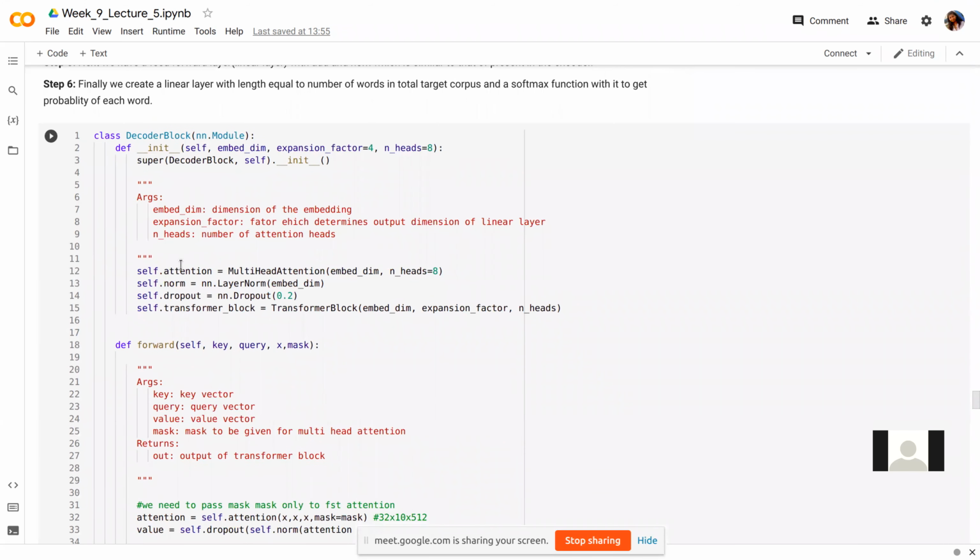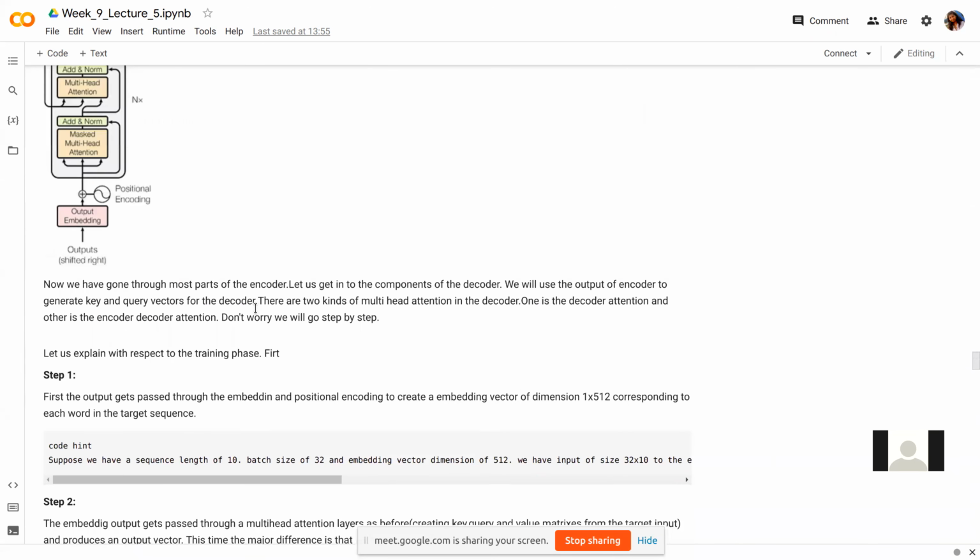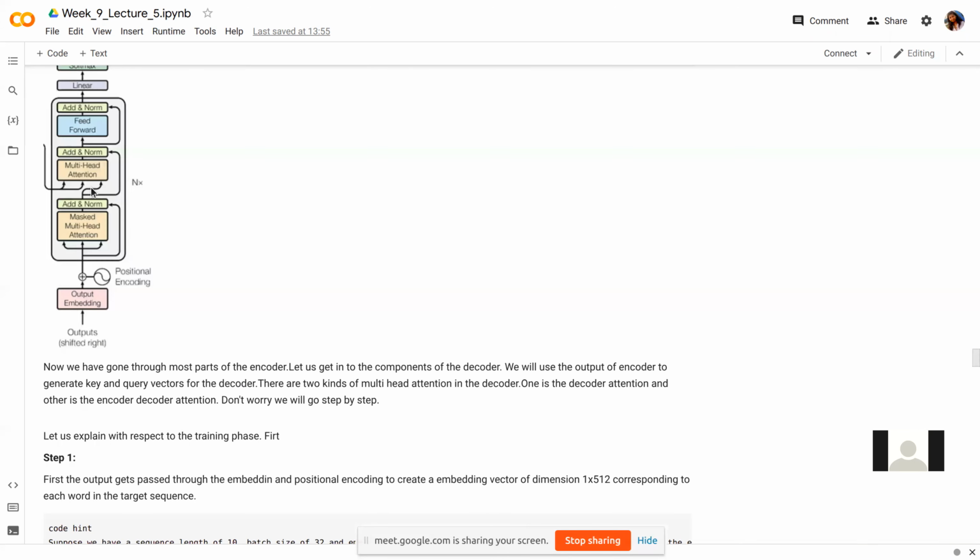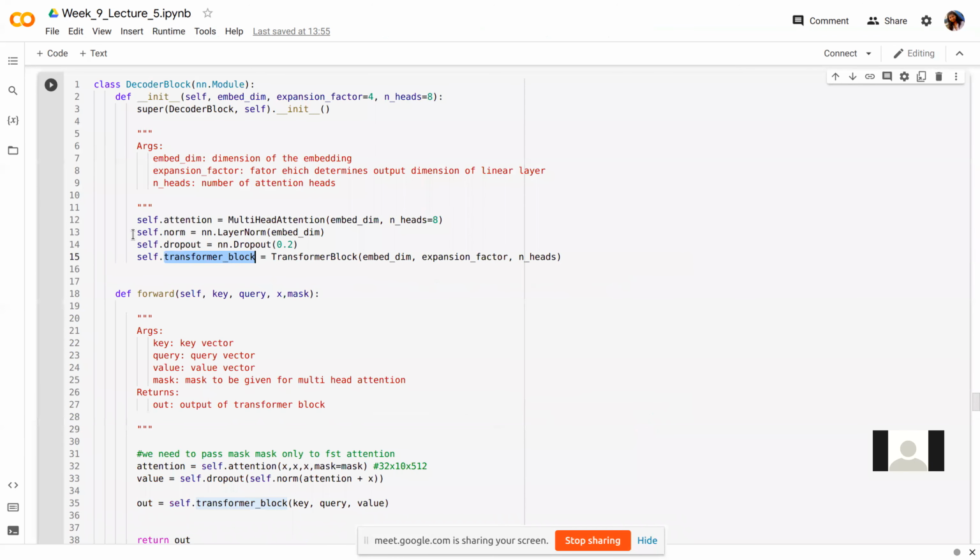For the decoder block, we need an attention, a normalization, a dropout, and this transformer block is nothing but the encoder, right? And this encoder is this part of the network. So attention, normalization, and this encoder part. Dropout is added as a regularizer here.